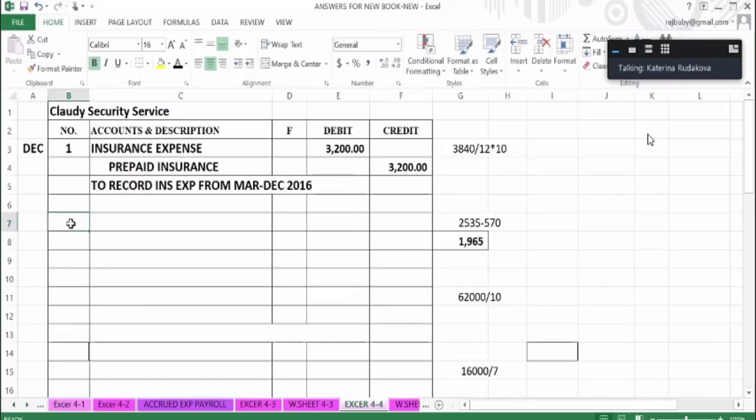Oh, sorry, the second one. Physical count of supplies at December 31st, 2016 shows 570 of supplies on hand. It's pretty similar to the last one.